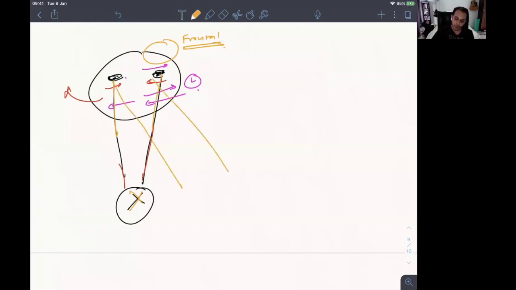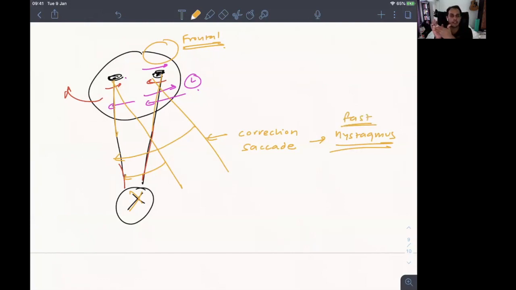And so my frontal lobe has to voluntarily shift the gaze back to the target. And this is known as a correction saccade. And this is seen as a nystagmus. So it is a fast movement. So if I turn my head to the left, there is a correction of my eyes back to the target. And that can be seen because of a frontal lobe correction.